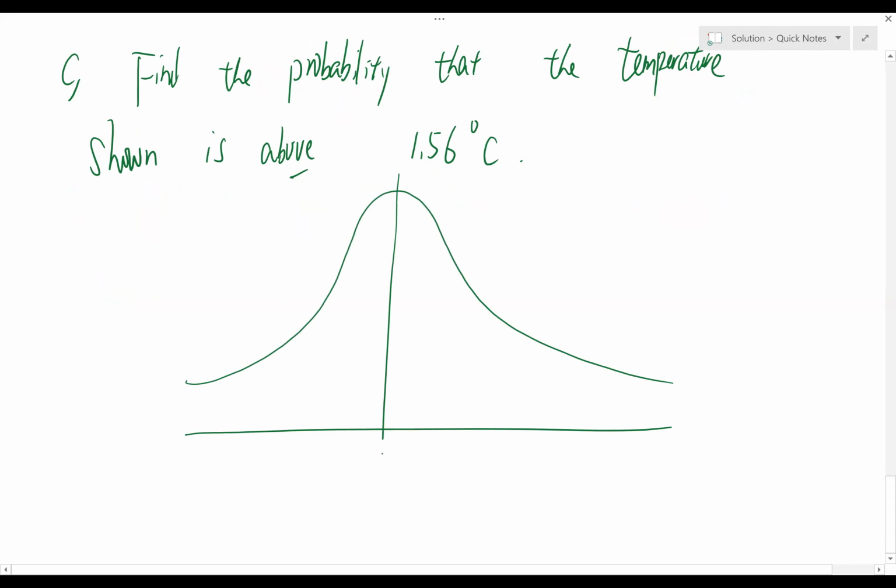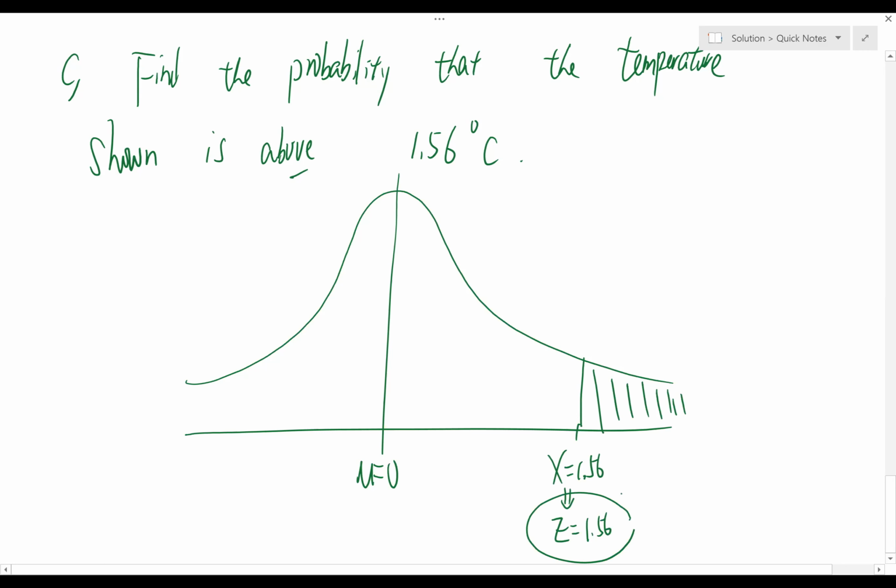So the bell curve mu is equal to 0. Now we know that a temperature equal to 1.56 should be on the right-hand side of the center. And here we're talking about the area to the right-hand side of this particular temperature. Using the z-score formula, we know the z-score will be 1.56.